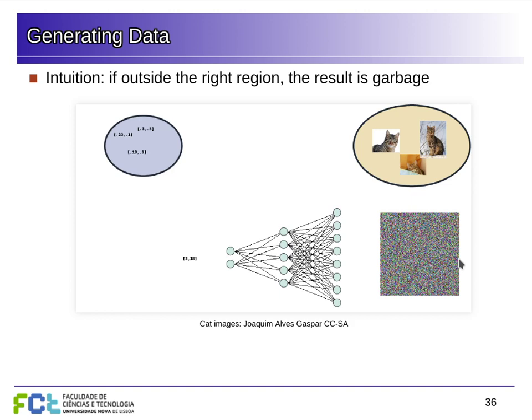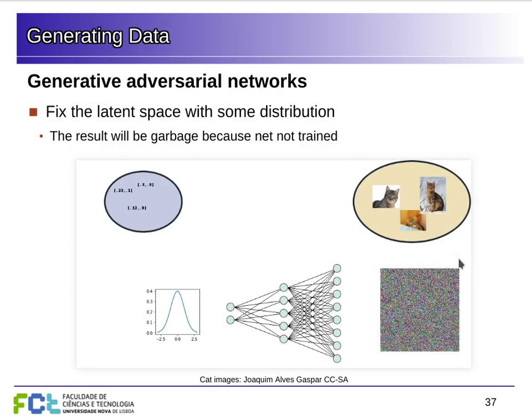That's not what it learned to do. So if we fix the latent space with some distribution, then we could try to train the decoder so that, from that particular distribution that we already fixed, it learns to output the correct answer, the correct image.